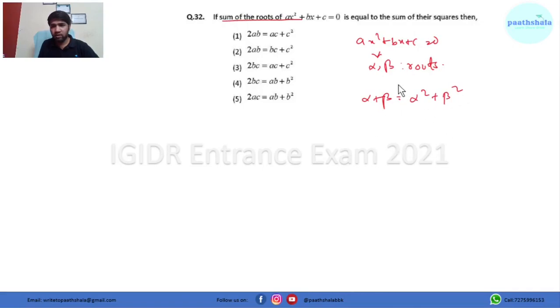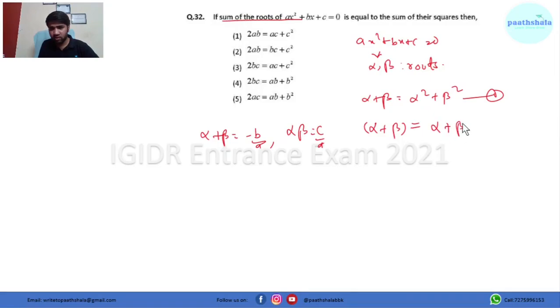We have to use this in order to get a similar kind of condition. Let's say this is equation 1. We know that alpha plus beta equals minus b by a, and alpha into beta equals c by a. So this can be further arranged like that.